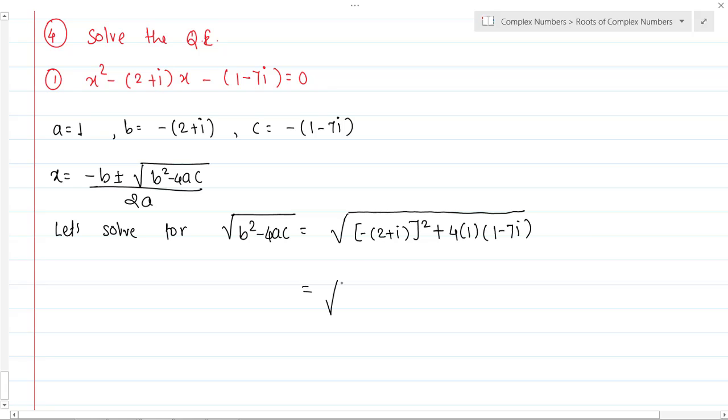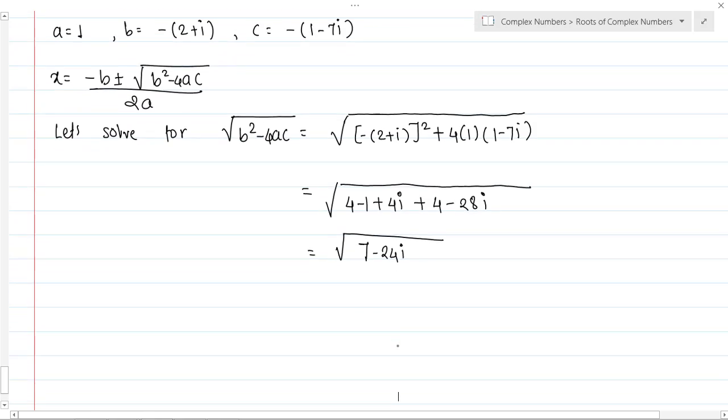This is equal to root of, so I have minus squared becomes plus, and (2 plus i) square becomes 4 minus 1 plus 2 into 2, that is 4i, plus 4 into 1 is 4, minus 7 into 4 is 28i. This is equal to root of, I hope you are understanding this, 4 plus 4 is 8, 8 minus 1 is 7, and we have 4i minus 28i, which becomes minus 24i. So this is the square root we are finally getting.